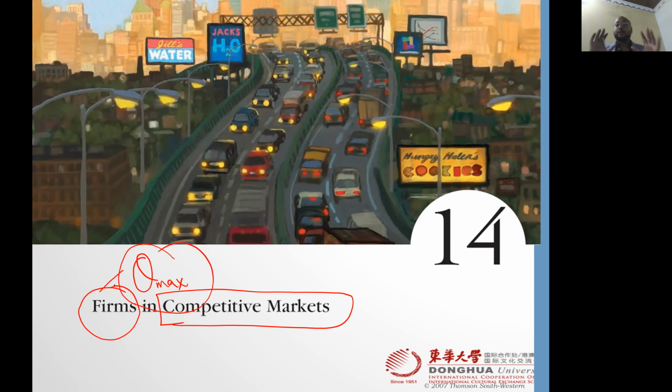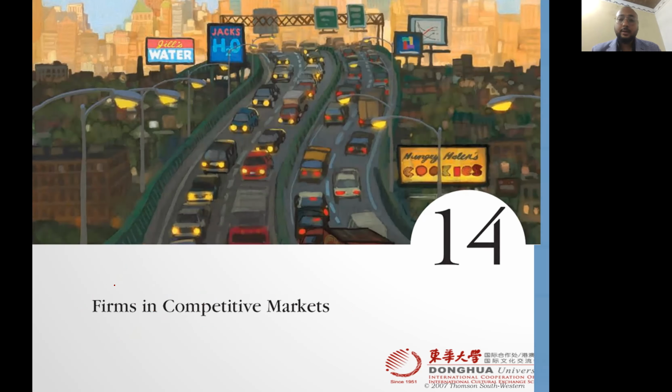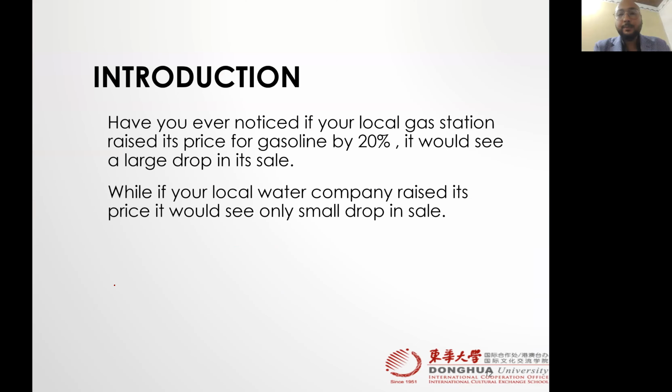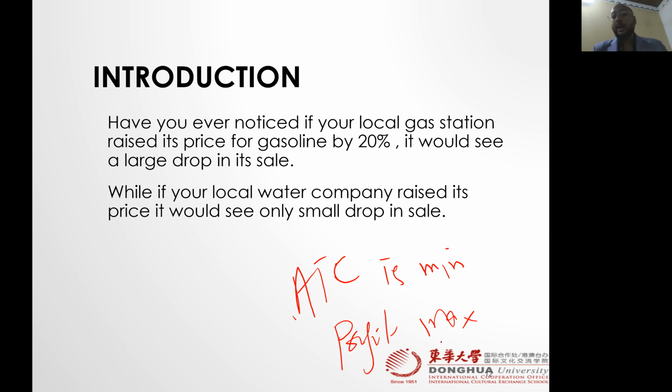All right. Let me again remind you that in the cost of production chapter, we discussed that we have to produce where our average total cost is minimum. When our average total cost is minimum, our profit is maximum, and that is when we produce at efficient scale.